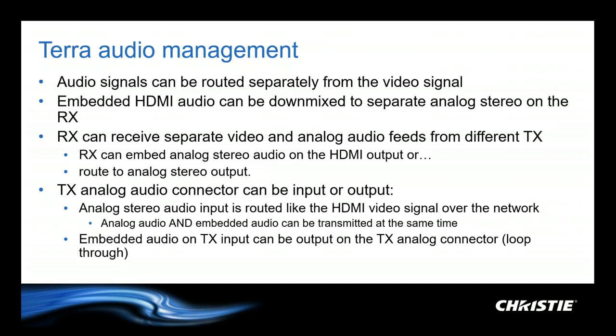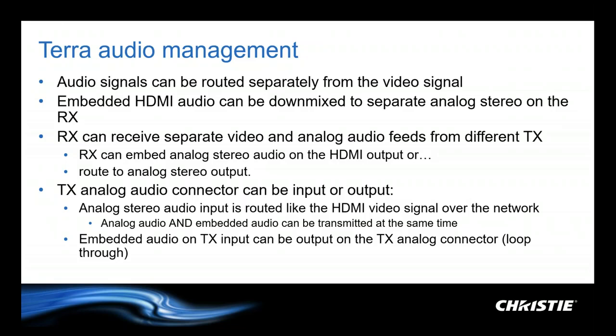So whether the audio is embedded or not, whether you're using the analog stereo inputs on the TX or it's embedded, you can switch them completely separately over the network. So you can manage your audio sources completely separately from the video. Now on the transmitter, the audio connector can be an input or an output.